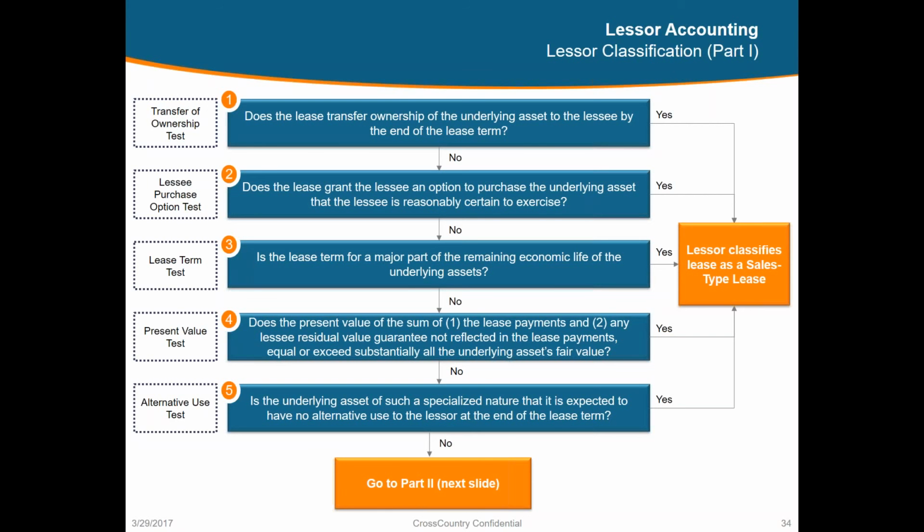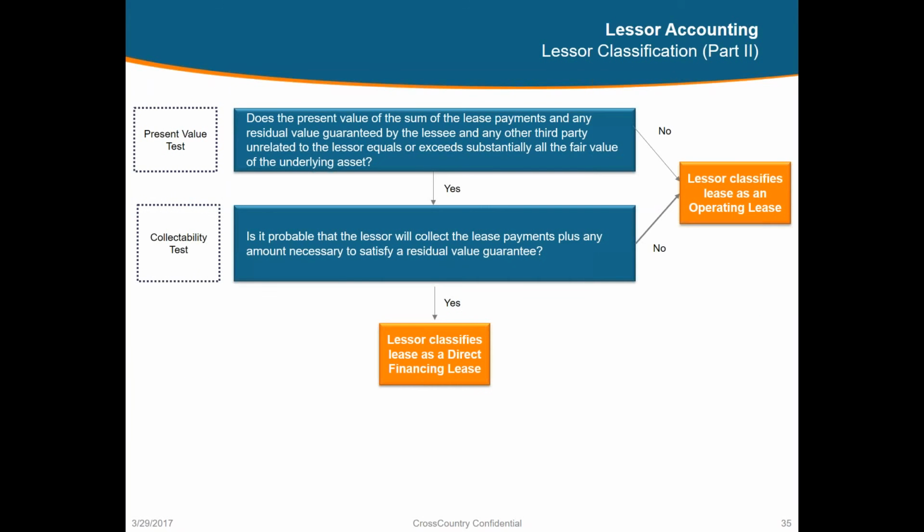If none of the 5 criteria are met, then the lease is not classified as a sales type lease, and further analysis is required under Part 2 of the lessor classification model. Part 2 of the lessor classification model requires direct finance lease classification if 2 criteria are met: a revised present value test and a collectibility test.